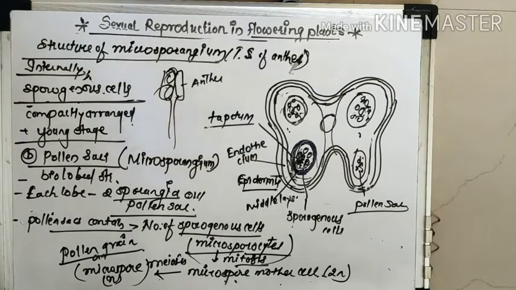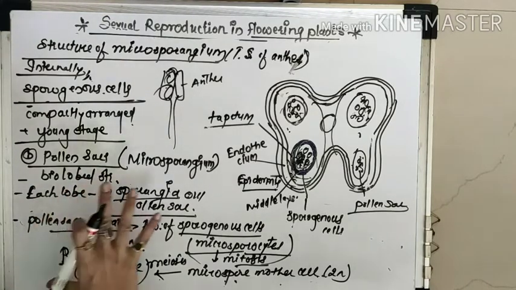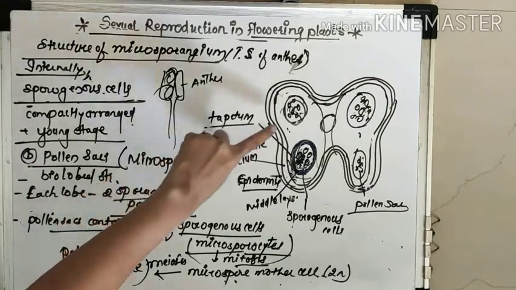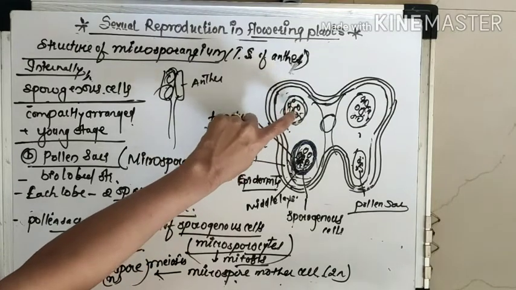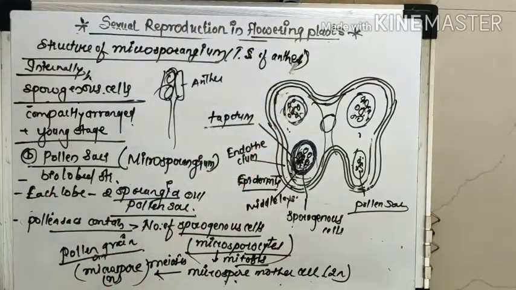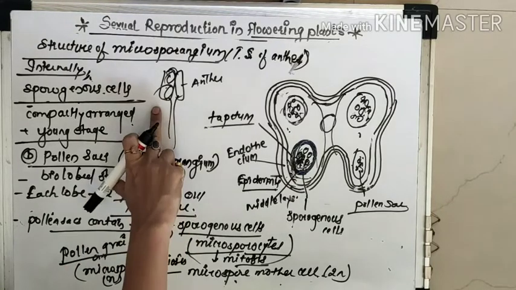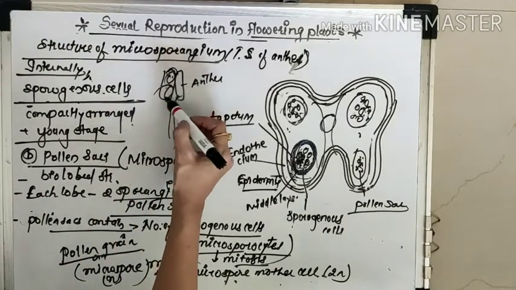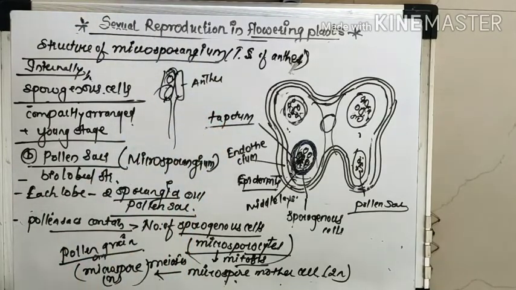Again I will repeat this section, that is called the pollen sac, also known as microsporangium. As we know, the anther is a bilobed structure, and each lobe contains 2 sporangia, or 2 pollen sacs.